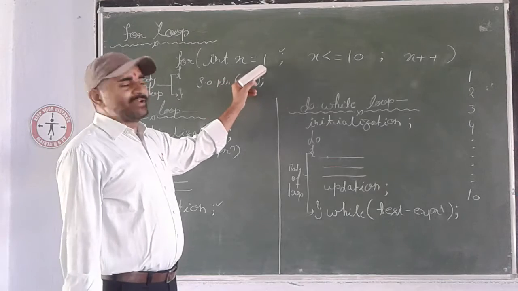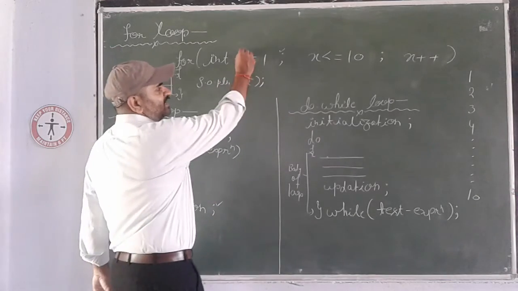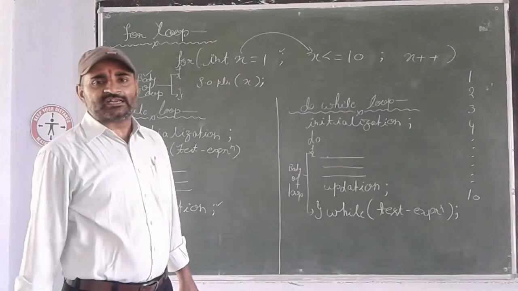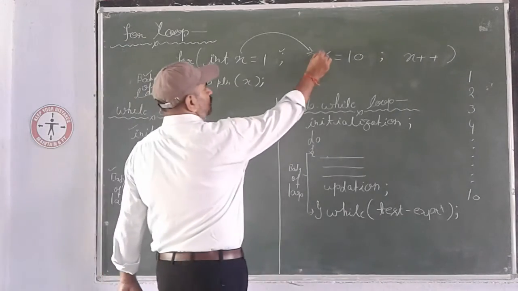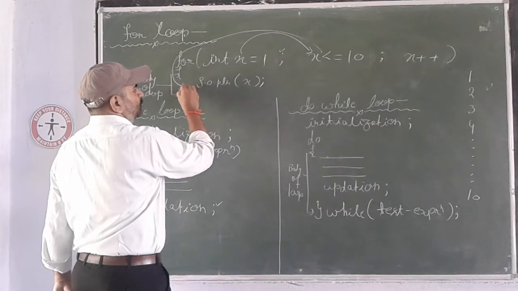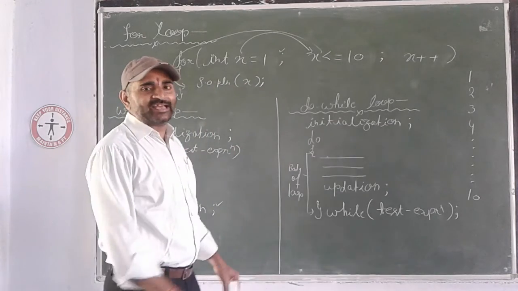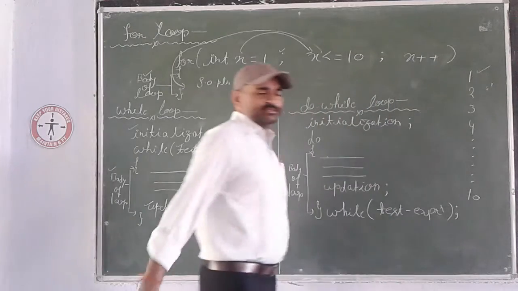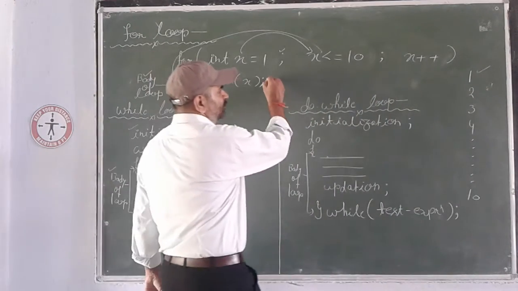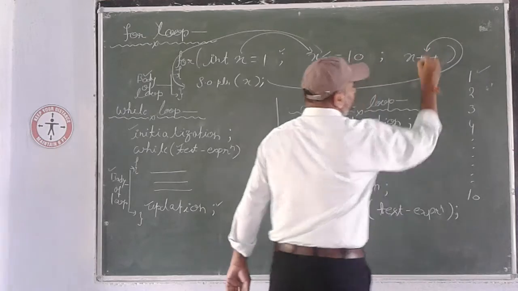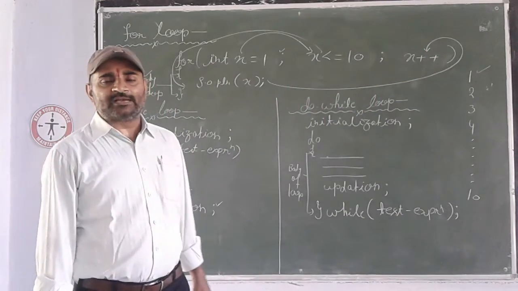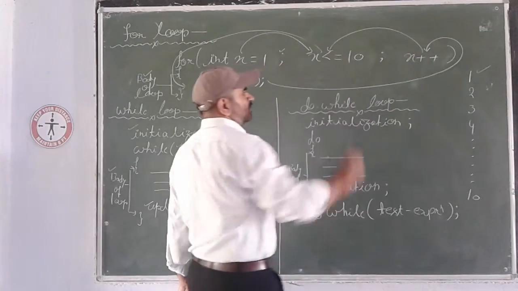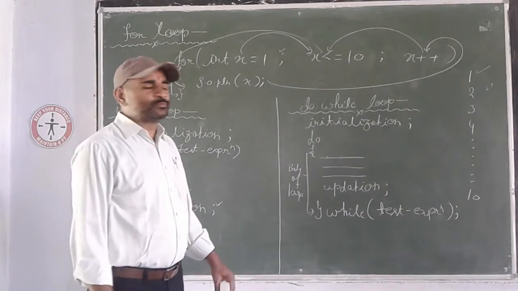So now what is the working? The initial value of x is 1. After initialization, control goes to the condition: 1 is less than or equal to 10, the condition is true. Control goes to the body of the loop. System.out.println(x). What is x? 1. So 1 will display. After this, control goes to the updation part. x++, x becomes 2. Again control goes to the condition, 2 is less than or equal to 10, the condition is true.